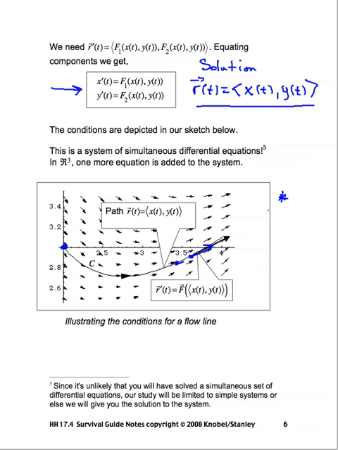So in other words, at each point along the path C, if you compute r prime of t and you look at the length of that vector, which tells you how fast you're moving along the path parameterized by r of t, that speed has to be identical to the speed of the river at that point.